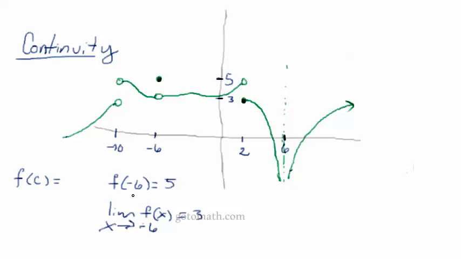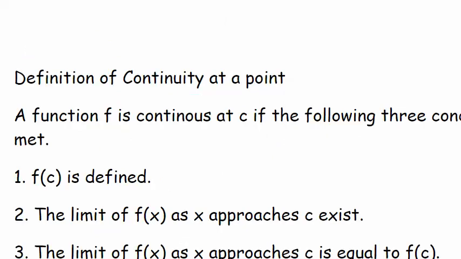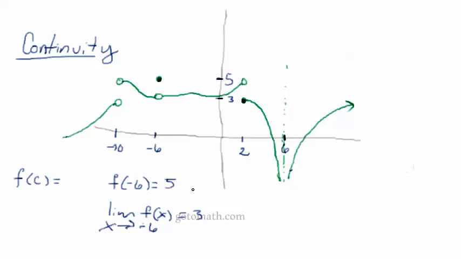Okay, so far so good. Let's look at this condition here. The limit of f of x as x approaches c is equal to f of c. What does that mean? Well, let's go back. Basically all that means is that these two numbers right here must be equal to each other, and guess what? They're not.